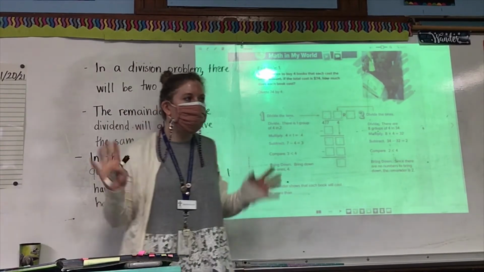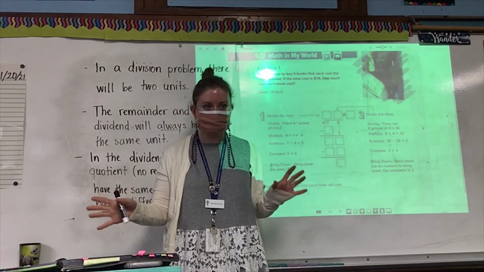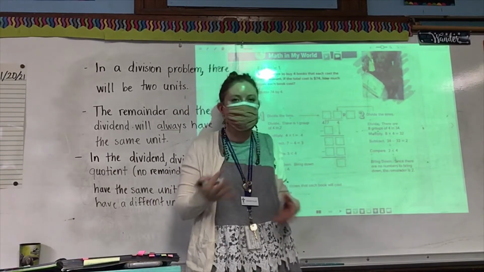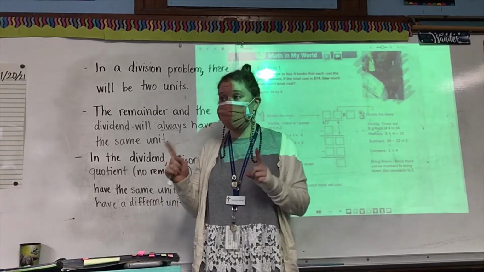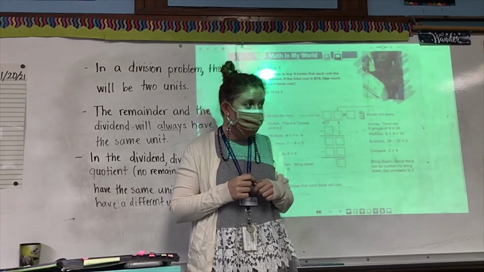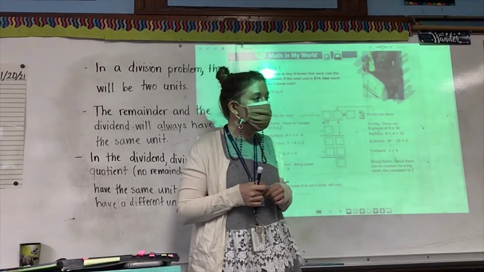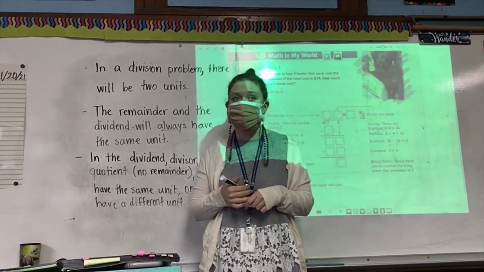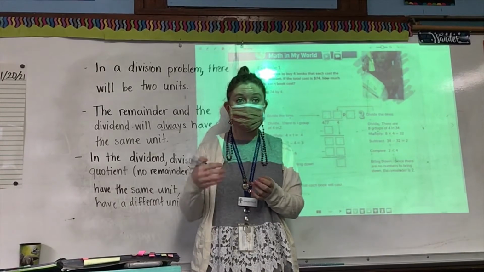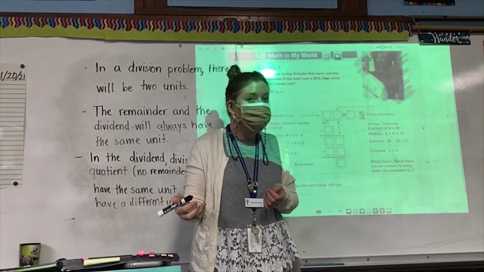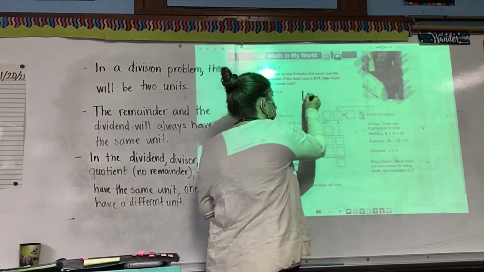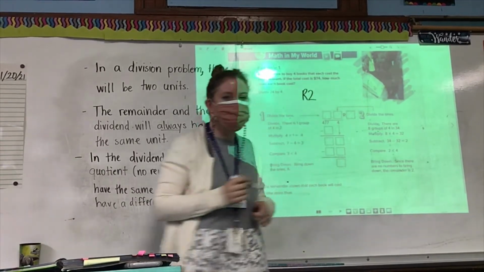Okay, so why does this matter? It's just math. Why does what piece means what unit matter? Well, because when you have division word problems, it's like what I said earlier. If it says how many coins did they get, you can't say 9 remainder 2 coins, because is there such a thing as remainder 2 coins? No, there's such a thing as 2 coins left over. But there's no such number as R2.